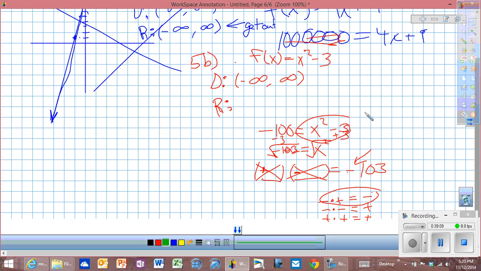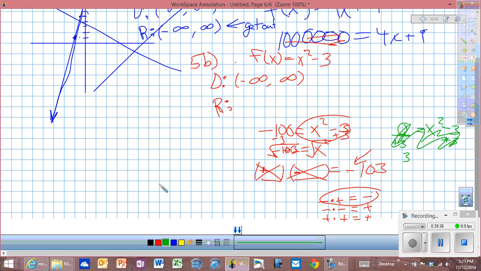If I'm just talking about this x squared minus 3, and I don't know what I have over here yet, what could I add 3 to? What's the smallest number I could have over here? So if I just solve this, because I want it to equal 0. Okay, I'm going to stop what I'm doing because I think I'm going to make it more confusing.